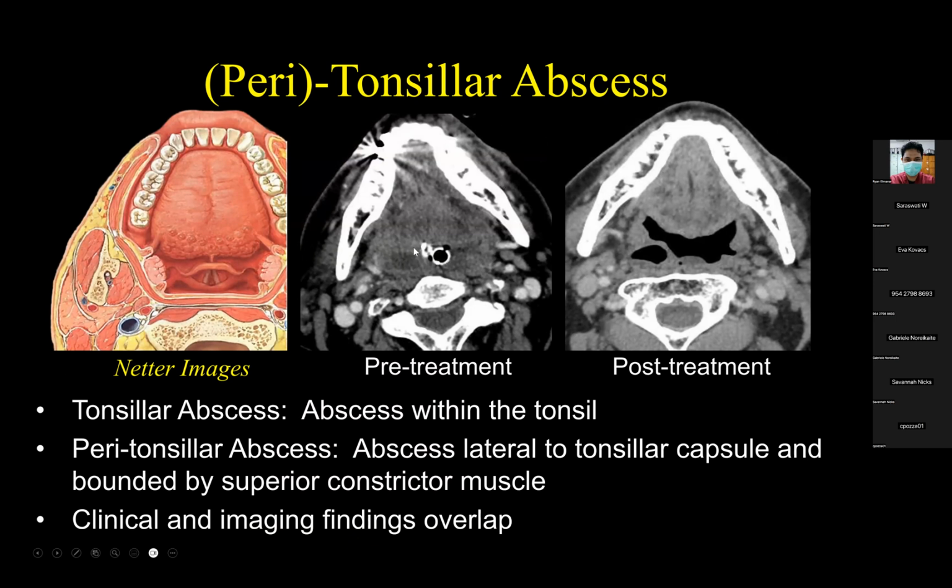I'm going to talk about these abscesses right here that are located within the tonsillar fossa. I have heard both peritonsillar abscess and tonsillar abscess used to describe this. So anytime that you have an abscess involving the tonsillar fossa, these are the ones that are drained intraorally.